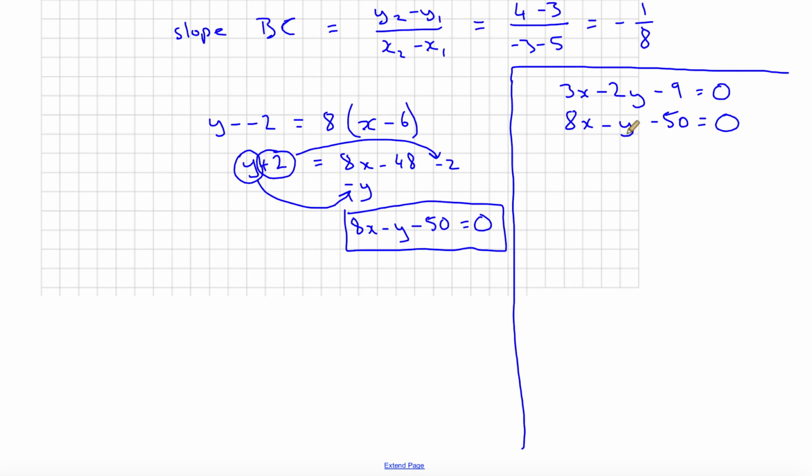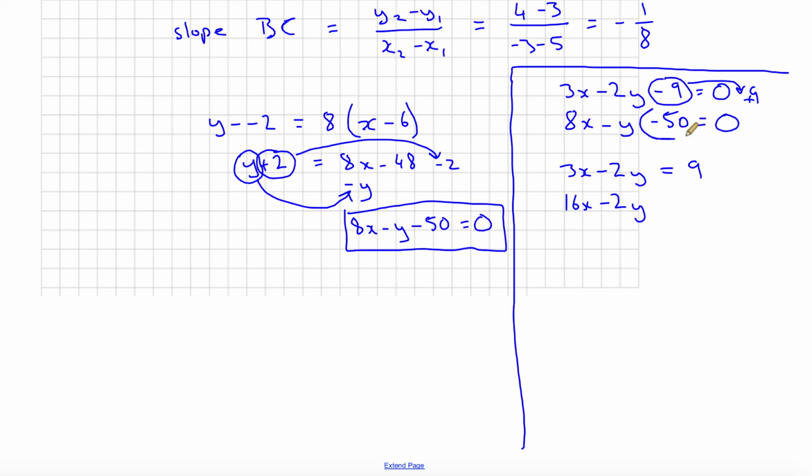If I'm going to solve these simultaneously, I'm going to double the second line so I get minus 2y as well. So I'll rewrite the first line: 3x minus 2y. I'm going to bring this minus 9 over the other side, make it a positive 9. And then I'm going to double everything here, so it's going to be 16x minus 2y.